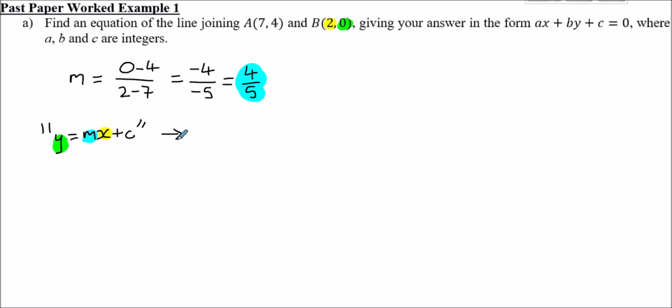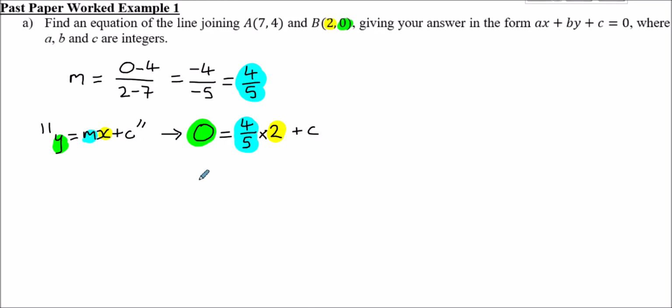So let's just substitute in what we know. So 0 equals m times x, which is 2. So again, just going to highlight what we know. Gradient was 4/5. We knew y was 0 when x was 2. And of course we need to put on plus c.